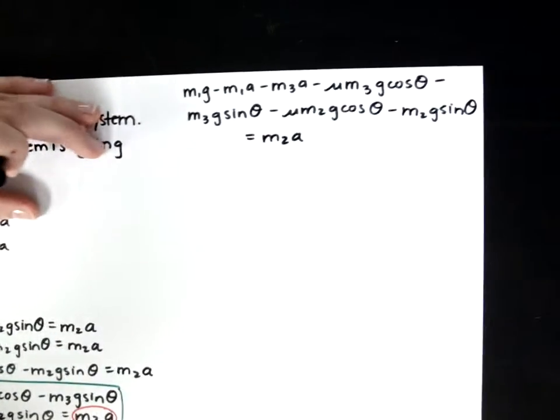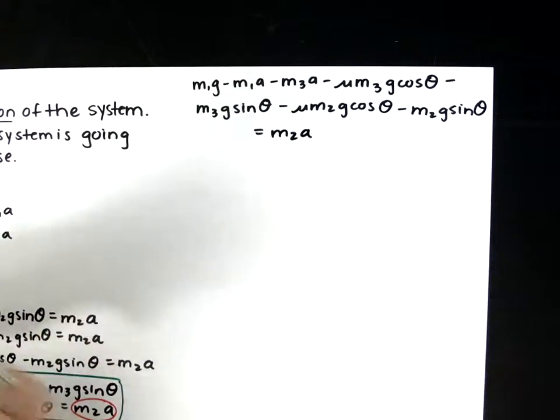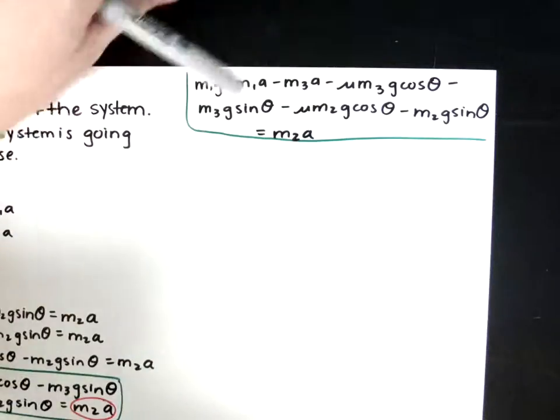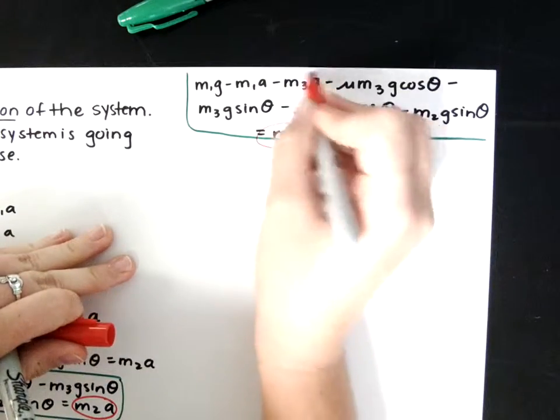Okay, now that we have our equation, there it was. That was what was inside the green box. So we want these A's by themselves. So here's an A, here's an A, and an A.